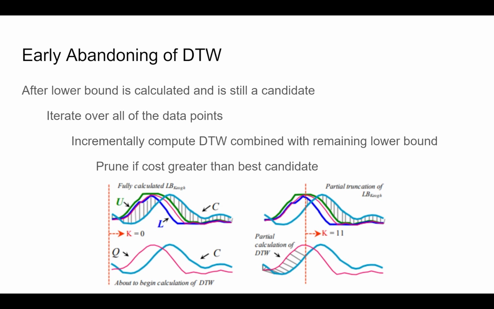As we incrementally calculate the DTW distance, for example, when we reach k equals 11, we can take the partial calculation of DTW combined with the k plus 1 measure of the lower bound. And if the combination of both of these distances is greater than the distance of the best candidate, then we can automatically prune, as there is no reason to continue evaluating.